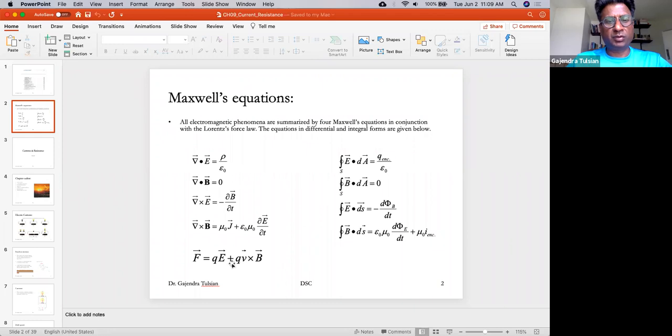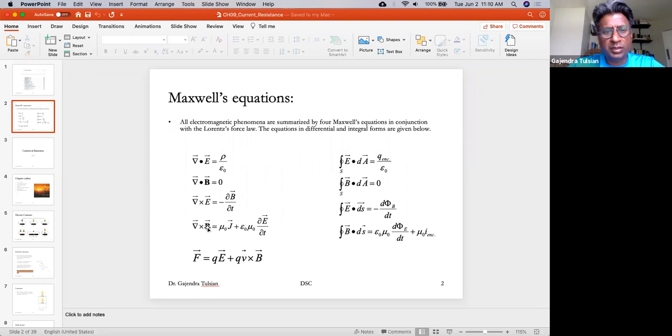This 5th equation tells you the force on a charge in the presence of an electric field and the force on a charge in the presence of a magnetic field. We'll look at this portion of the equation in chapter 11. In chapter 12, we'll look at this portion of the equation.